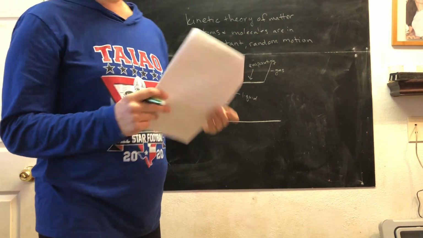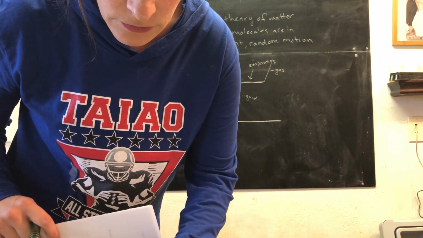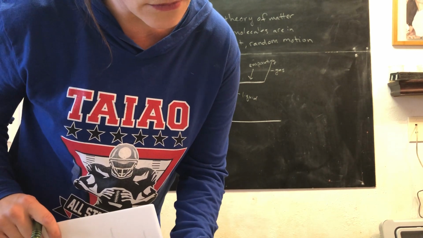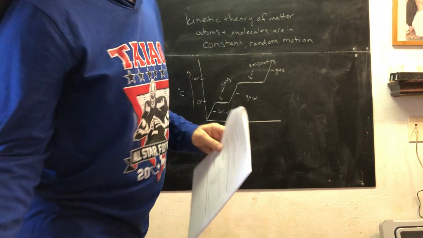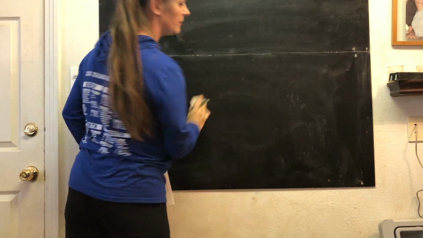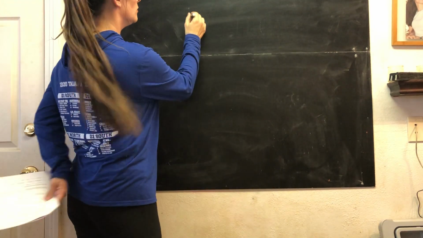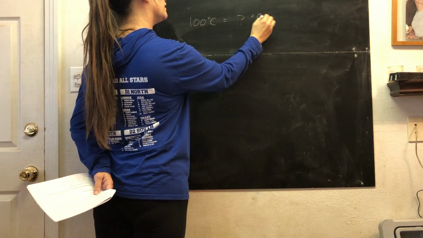So, let me see if there's anything else in this chapter. Oh yeah, I guess I'll do a real quick conversion from Celsius to Fahrenheit. So we said water boils at 100 degrees Celsius. What is that in Fahrenheit?